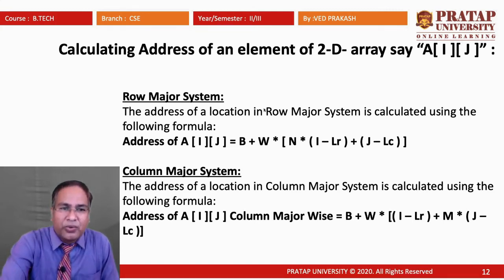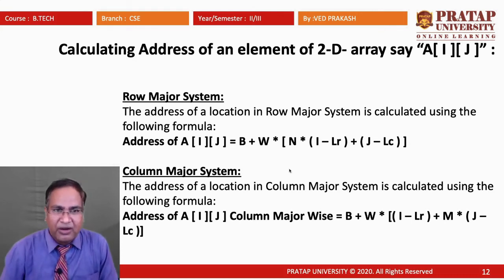So basically, to calculate A[i][j], which means the address of a specific cell, we use the formula B + W * (N * (I - LR) + (J - LC)).